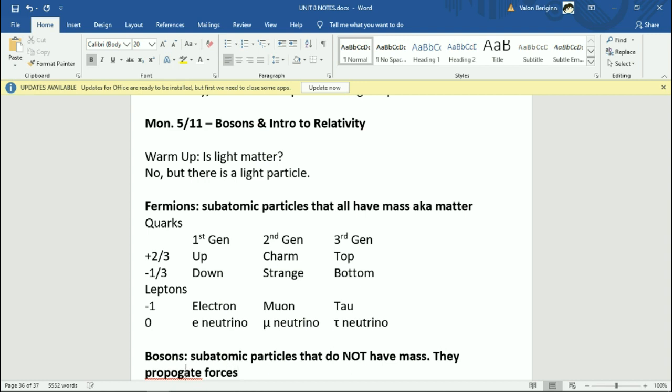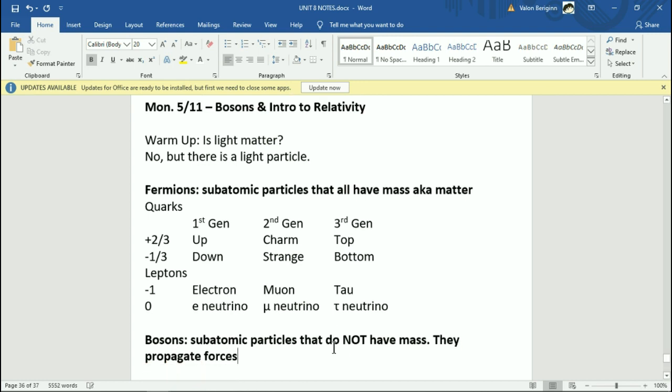So what do I mean by that? What I mean is that there are forces within the universe. Of course, even just this unit, we've talked about gravity a lot. That's a force that is throughout the universe, and so there is a boson that is basically in control of gravity. Whenever there is a gravitational force between objects, there are bosons being exchanged between those.